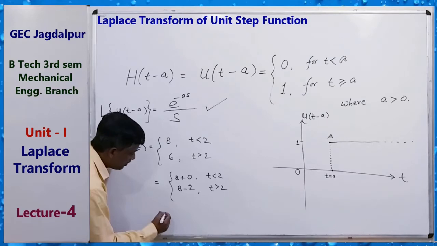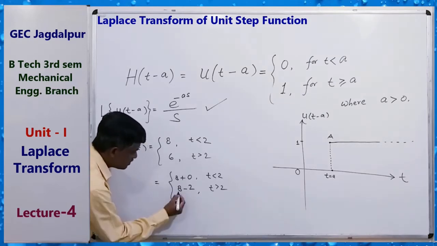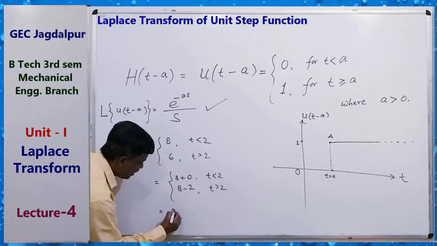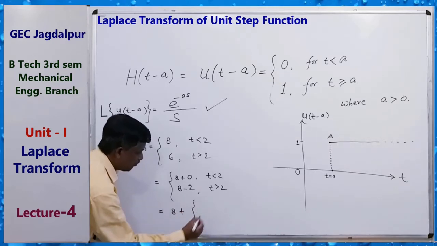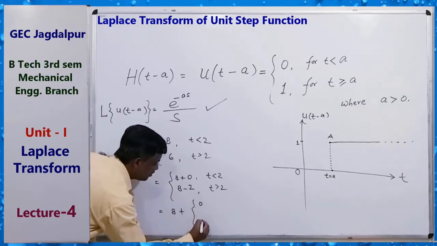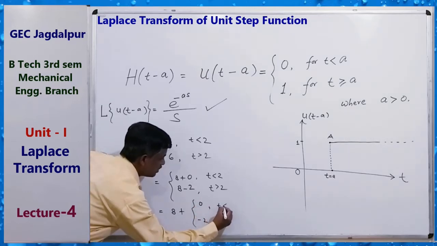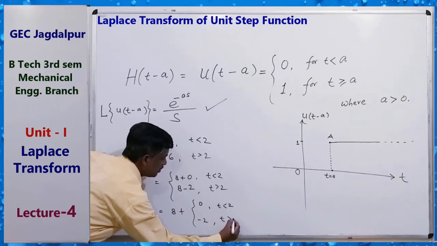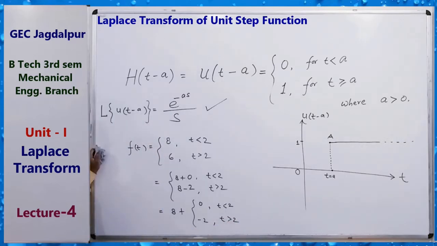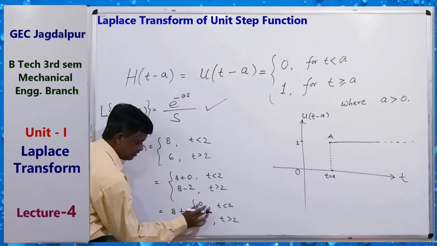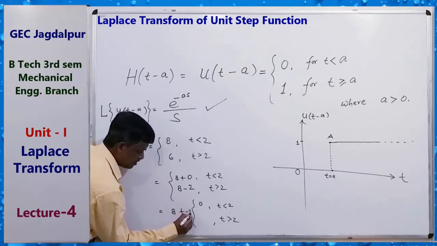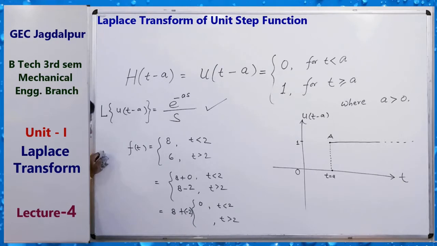So here 6 means 8 minus 2. So we can write it like this: 8 plus the value of the function. How? 0 minus 2 for t less than 2 and t greater than 2. Clear? From here we can take common minus 2, so then it will be 1, here 0.